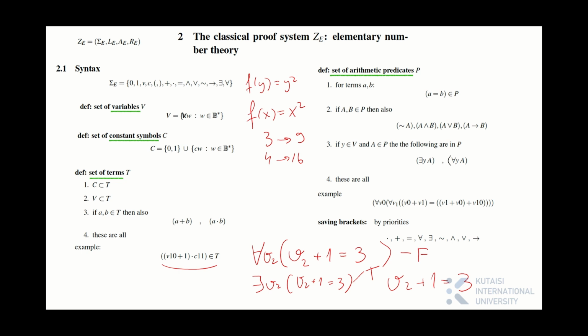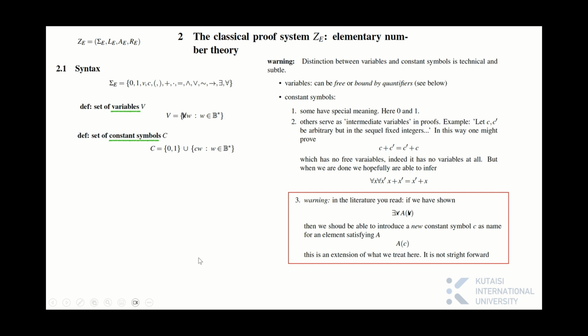You can intuitively think that if I have a free variable in there, then the value of the statement depends on the value of the variable. Then it's free. So for variables, we have free and bound by quantifiers.